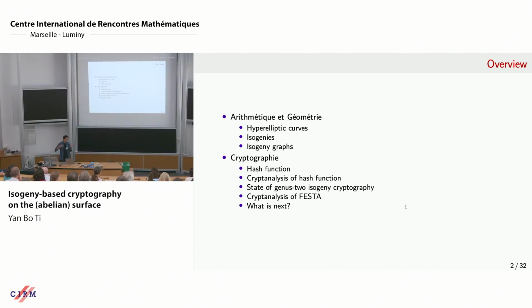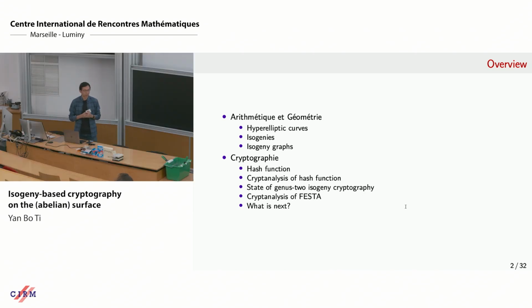Before and after that, I'm going to move into cryptography. I'm going to explain things about hash functions, cryptanalysis of hash functions, and the state of genus 2 isogeny cryptography. I'll also talk about the FESTA encryption scheme that Luciano talked about just in the morning. And then after that, I'll try to tell you what I'm planning to do next, how to piece my life back together.